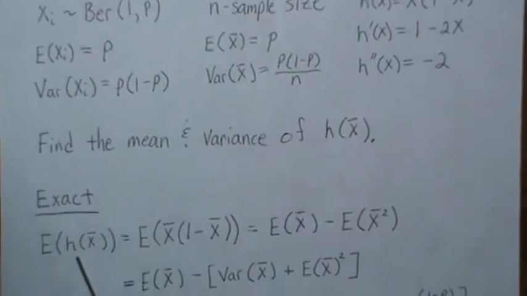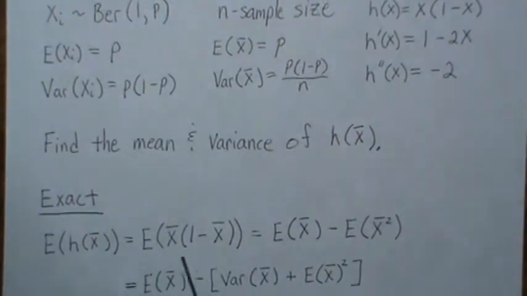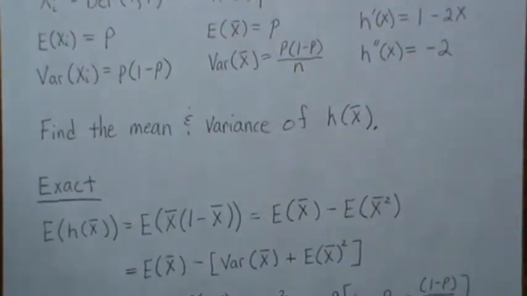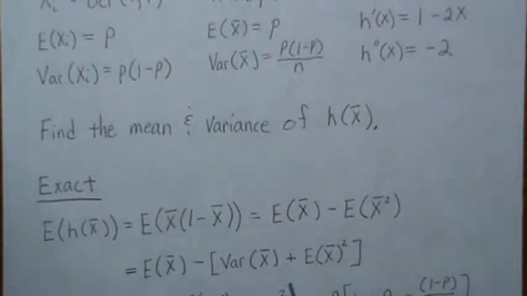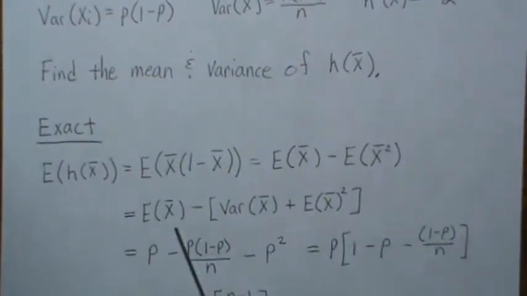So the mean of h of x bar is this, and then distributing in, we get the mean of x bar minus the mean of x bar squared. And there's a formula for this that says it's the variance plus the quantity x bar squared, and we know all of those.